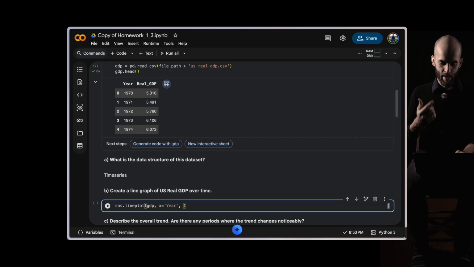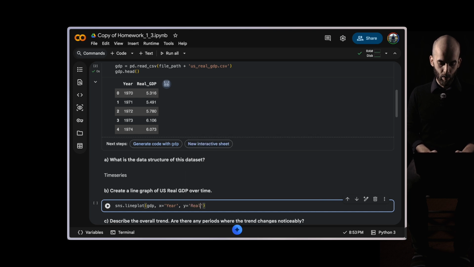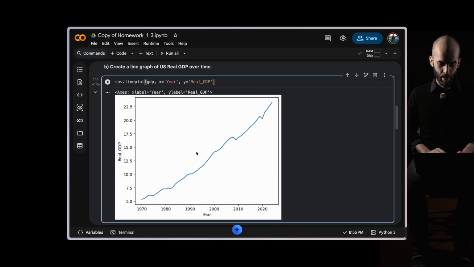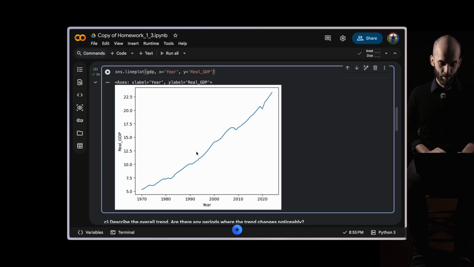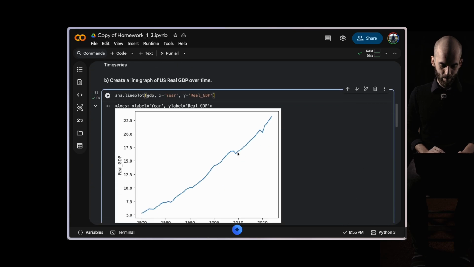And the vertical axis is going to be real GDP, so y is equal to real GDP. When I run this, I get a line that looks like this. So nice, here's real GDP over these years.